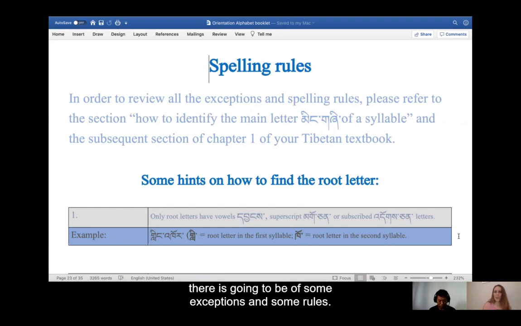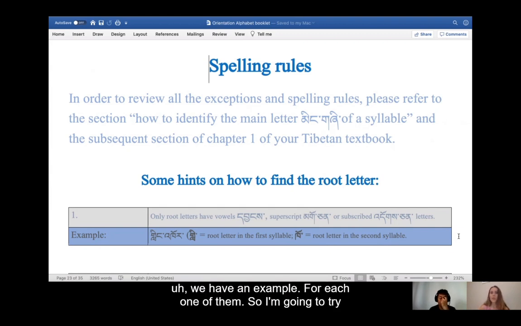Of course, now there are going to be some exceptions and some rules that we need to keep in mind in order to recognize certain words and know exactly how to pronounce them. All right. So we're going to walk you through those steps.